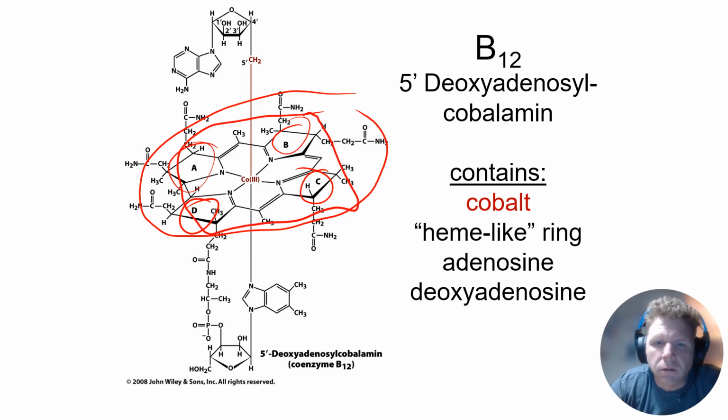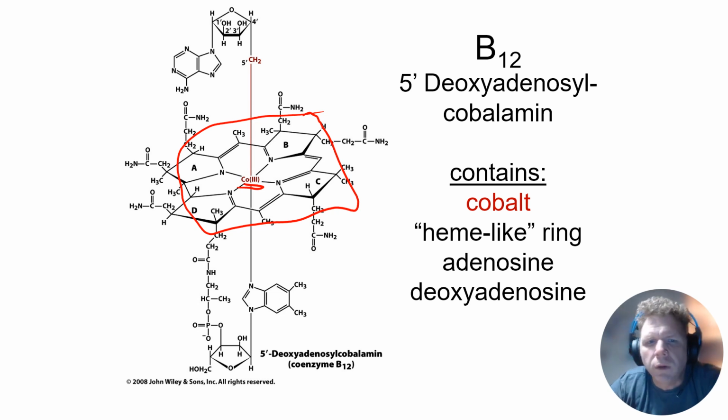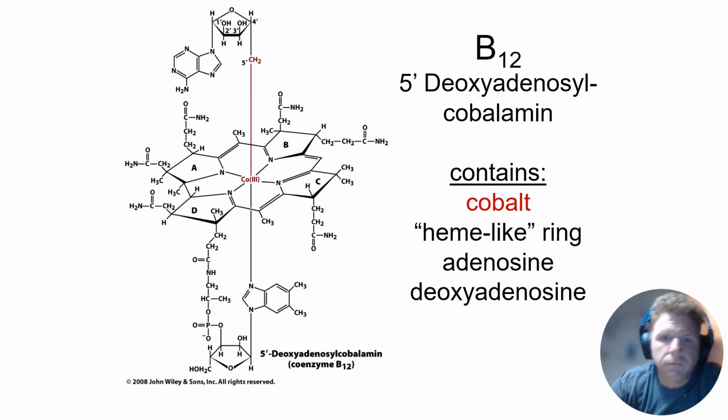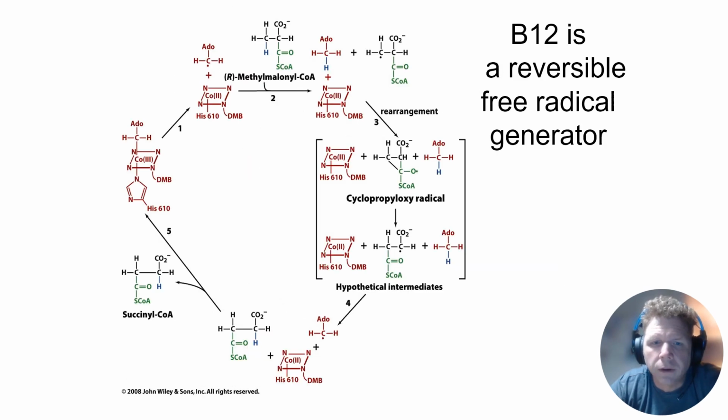That big ring, well, it looks a lot like a heme ring. One of the biggest differences that stands out to me is that right here we've got a cobalt instead of, what do we have in heme? That's right, iron. Now, this is our vitamin B12 that's going to help us catalyze this reaction.